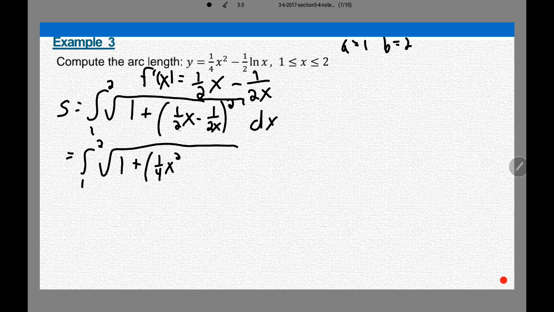Alright, I do 1/2 x times negative 1/2x, I get minus, and I'll show you, you get x over 4x minus x over 4x and then plus 1 over 4x squared.